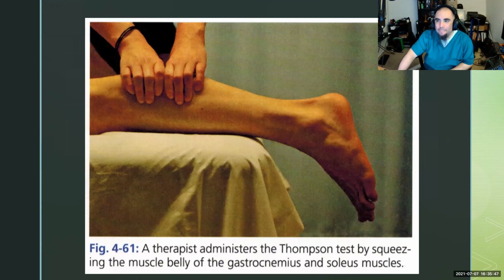And so what should happen with a normal person is you get a little bit of plantar flexion. For the kids that I treat that have really toe walking, if I squeeze this gastroc even a little bit, boing, their toes plantar flex like crazy.